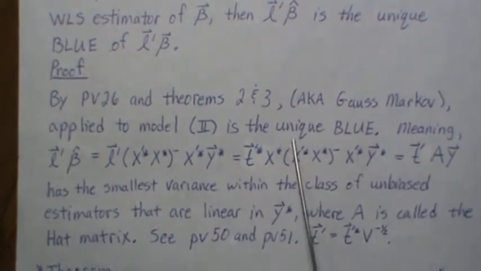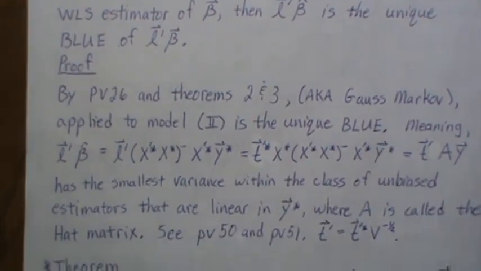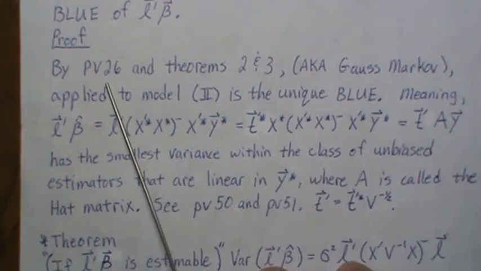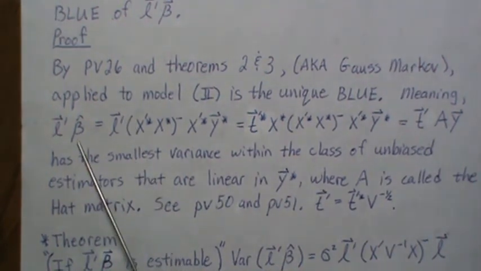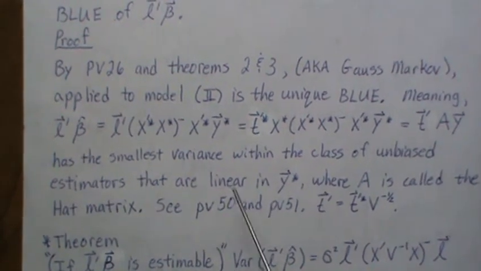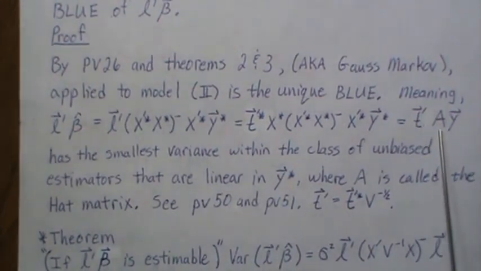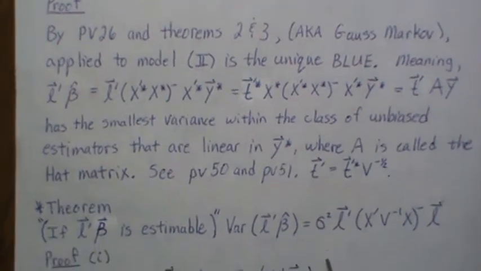But then the rest of this can be thought of as A, and then of course Y. And that's it. The theorem is proved. And so previous video 26 is the workhorse of this, and the fact that we can develop it in an equivalent model, which then unfolds to the weighted least squares estimate of beta.